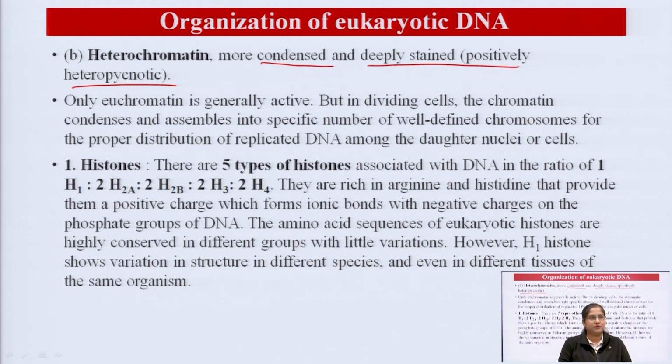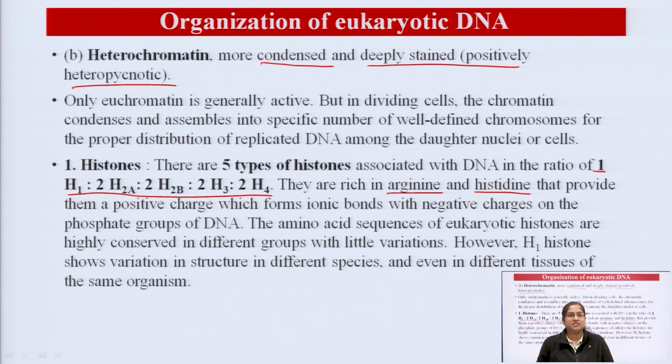So, first we are going to study the types of proteins present here. First, there are histone proteins. There are 5 types of histones: H1, H2A, H2B, H3 and H4. They are rich in arginine and histidine, both amino acids that provide them a positive charge, which forms an ionic bond with the negative charge on the phosphate group of DNA.